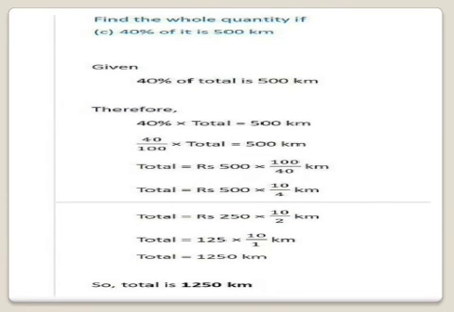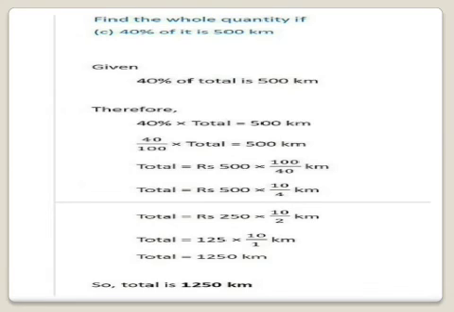Last example is find the whole quantity. 40% of it is 500 kilometer. Here it means whole quantity. Please understand it carefully. When we calculate 40% of some quantity, we get 500 kilometer. That is, first convert 40% into fraction.